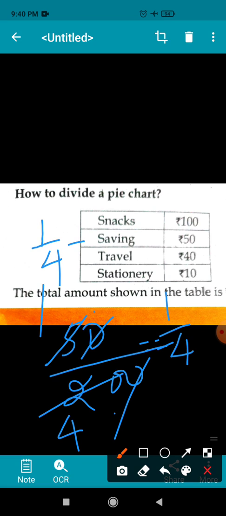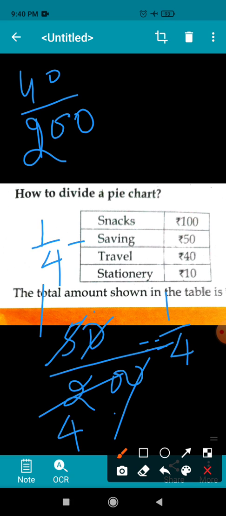For traveling, what will you do? You will again divide 40 by 200, traveling money upon total money. Ones place has 0, ones place has 0. 4 ones are 4 and 4 fives are 20. It means 1/5 part of the circle will show the money spent on traveling.